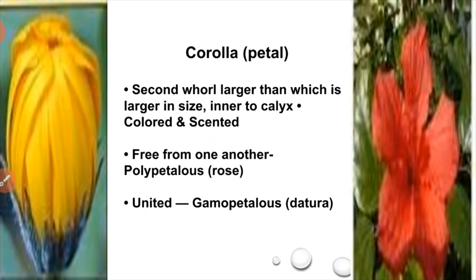Now the second whorl of the flower, that is the corolla. It is the colored, scented part of the flower. The petals may be free or they may be fused. If they are free, then the condition will be known as polypetalous, for example in brassica, rose.